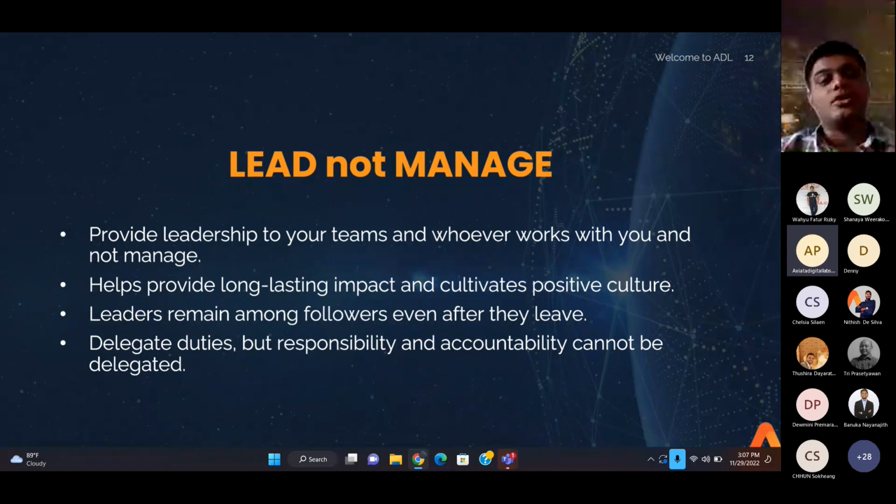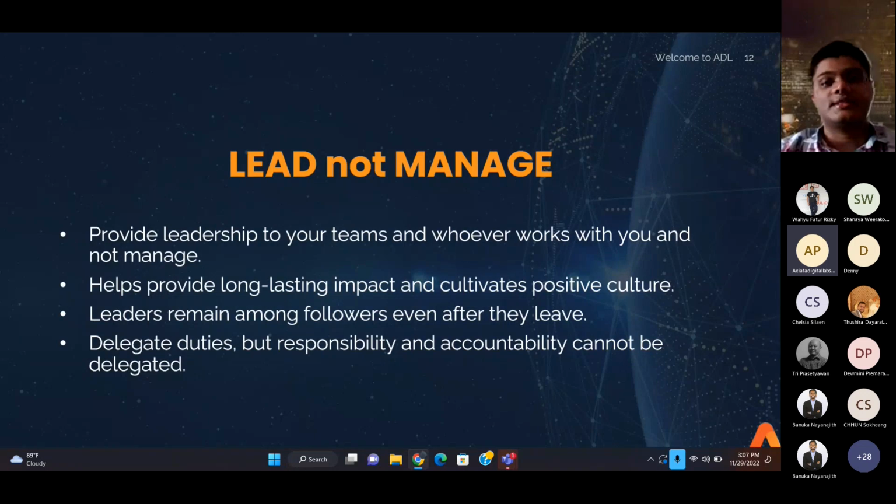Managing is an old school principle, and just managing without leading will provide a disaster. Especially, managing is not effective as proven by scientific studies for knowledge workers.